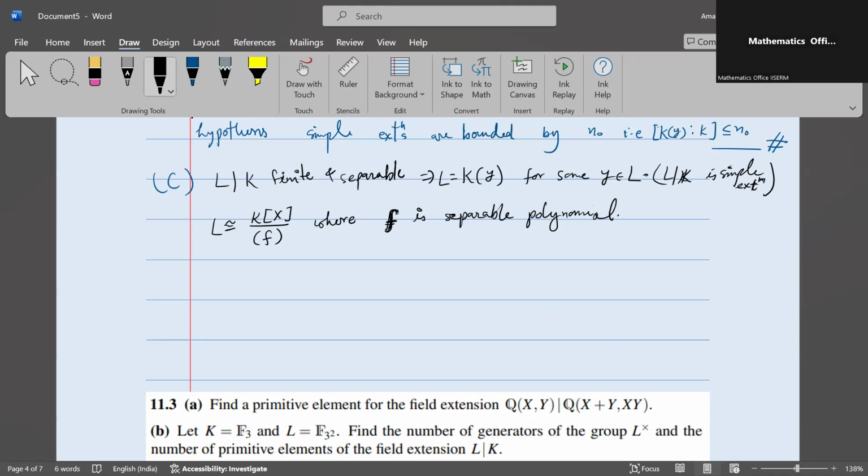If f is irreducible and this is a Galois extension, then there is nothing to worry about. It will be a normal extension. All the roots of f will be lying inside L. Yeah. If no, no, I just said something which is wrong. Just think about cube root of 2.